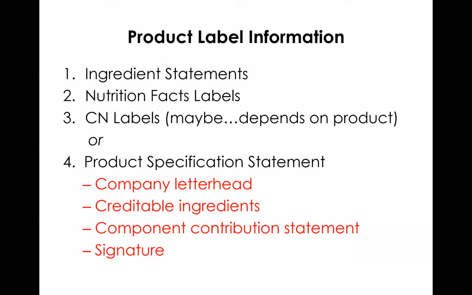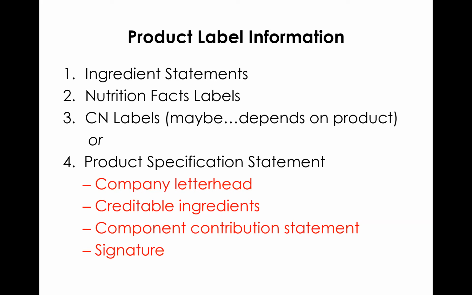Not all items are going to be CN labeled. It is a process that a manufacturer submits, and it costs the manufacturer to have their product CN labeled. In the absence of a CN label, you would need what's called a product specification statement.